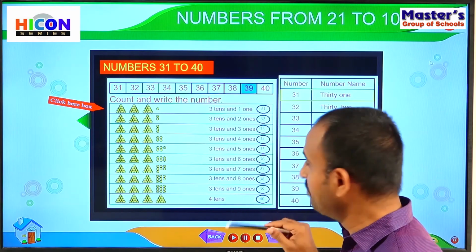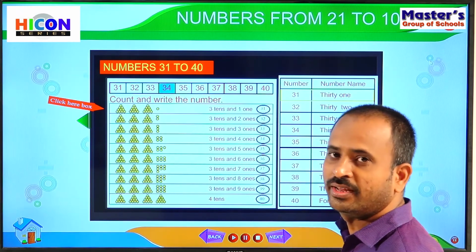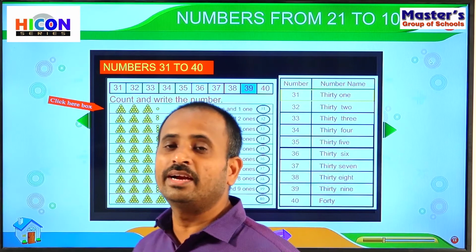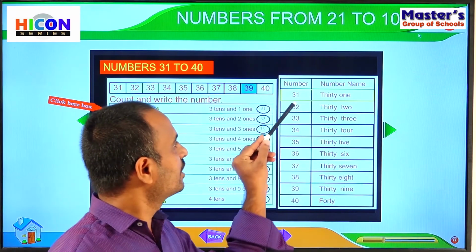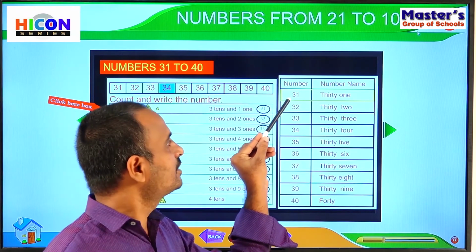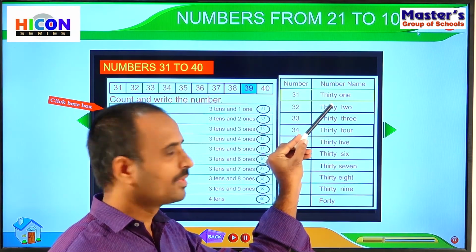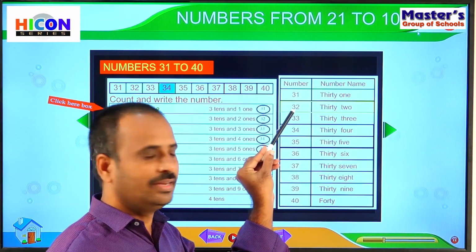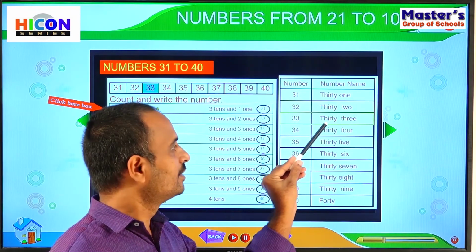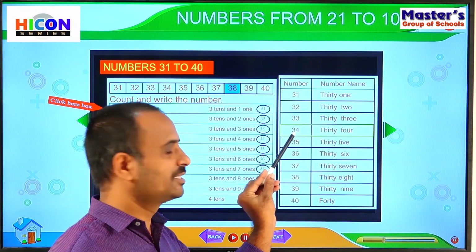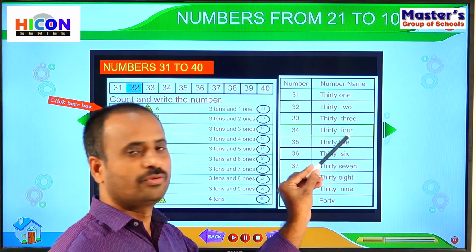And what are the number names for 31 to 40? Let us see how to write the number names from 31 to 40. Children, see this number. This is 31. And what is this? 32. And what is this? 33. And what is this number? 34.